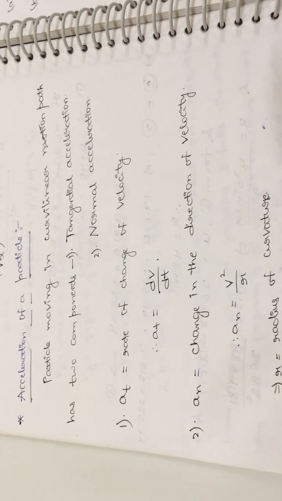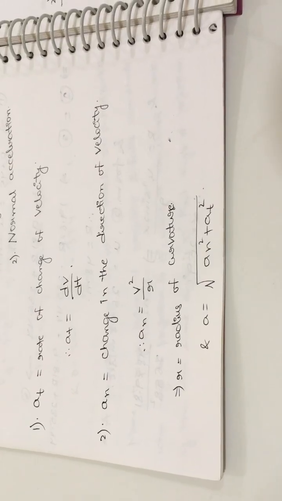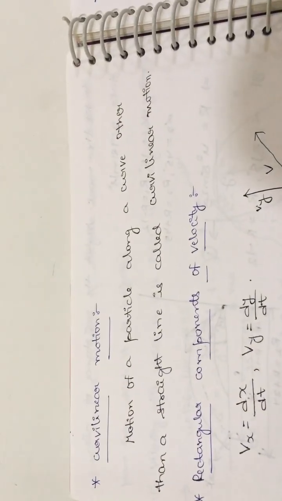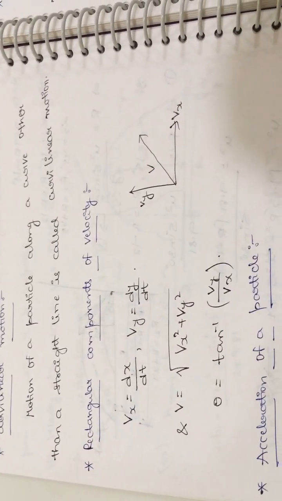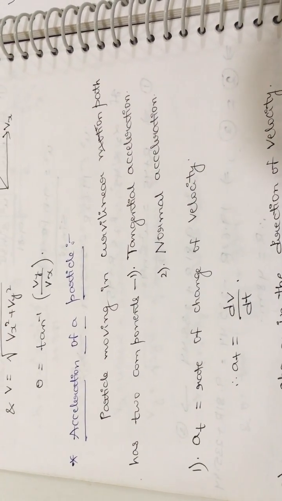So these are the formulas to calculate the components of the acceleration and the total acceleration of a particle moving in a curvilinear path. So once again, this is the curvilinear motion and the rectangular components of velocity and acceleration of a particle moving in a curvilinear path.